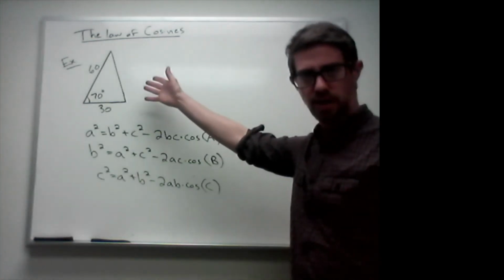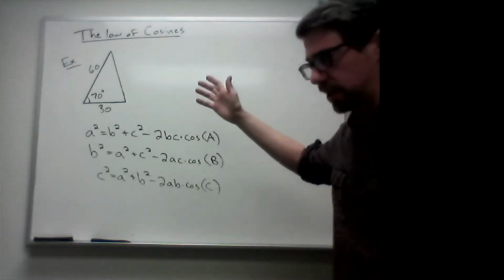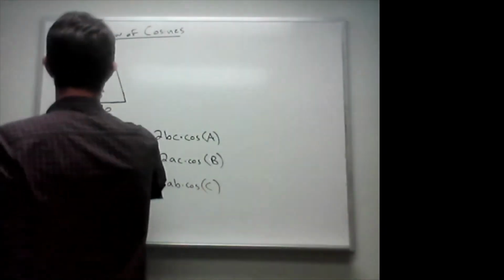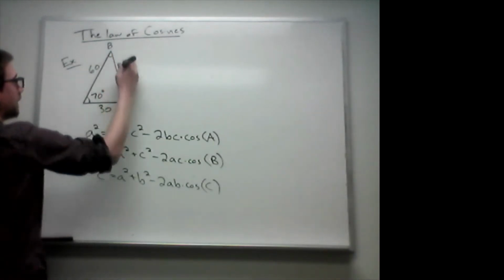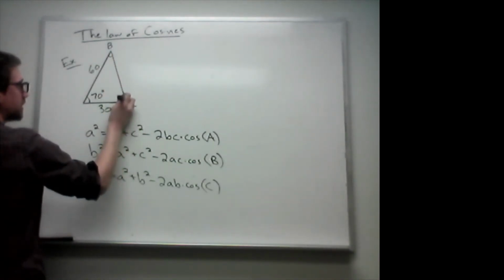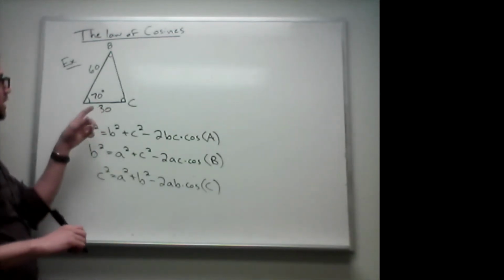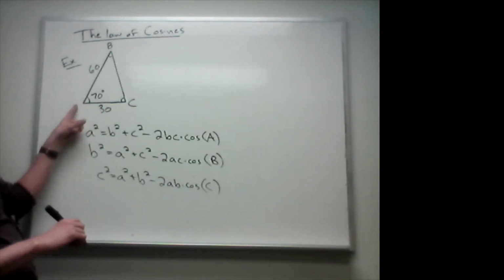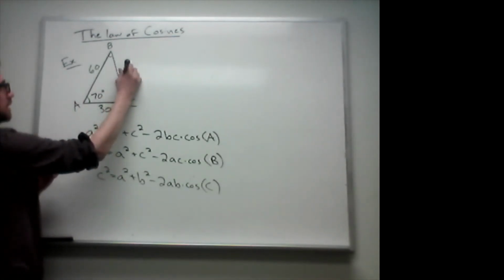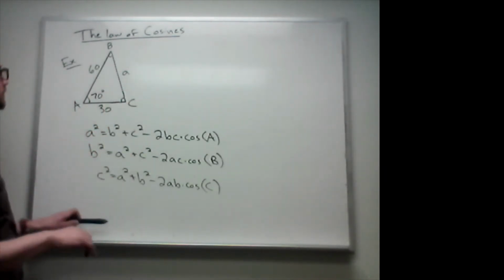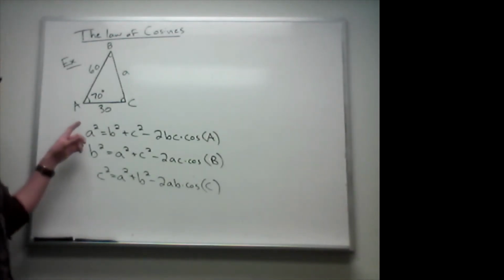Okay, so let's fire up this bad boy. Oftentimes we're going to be given the triangle unlabeled, so it's up to us to label it. We can do that any way you want. Let's say this is angle A, this is angle B, and this is angle C. We just have to be consistent, so that means angle A is the one we know, which means this is side a.